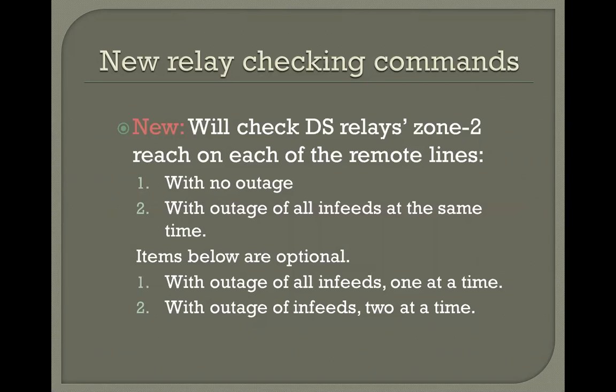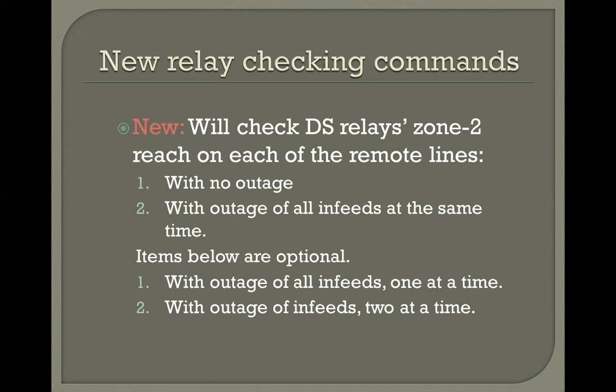And on number 2, it would check how far zone 2 reaches when it outages all the other infeeds except the remote line that you're looking at. It would outage other remote lines to see how far zone 2 will go. This is bound to go a lot further than you would normally see in case there are multiple lines connected to that bus.